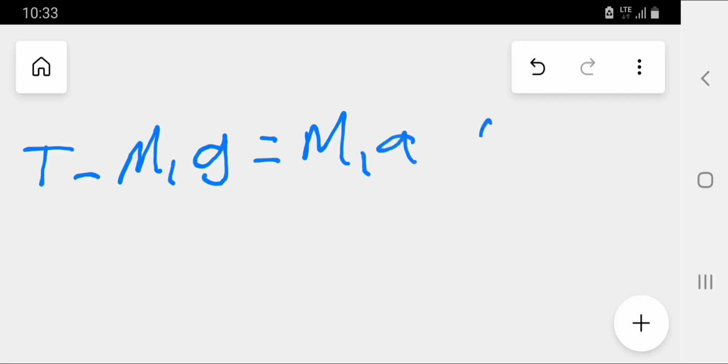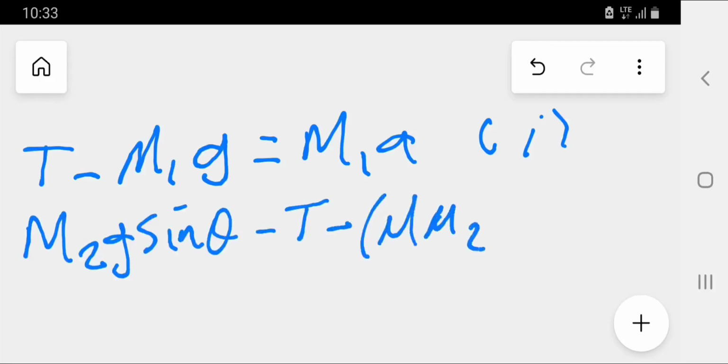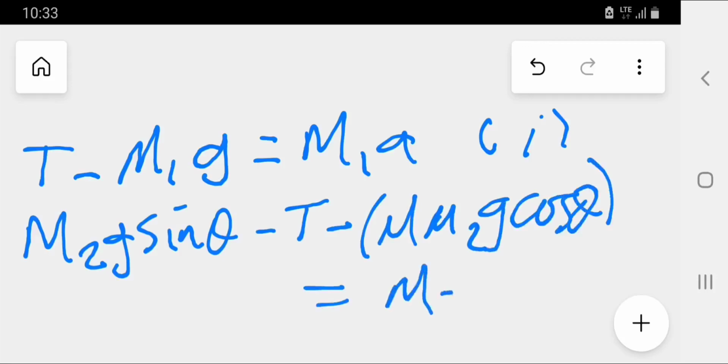For equation number 2, we have m2 g sine theta minus tension minus mu m2 g cos theta being equal to m2 times acceleration. We're going to solve them simultaneously, and by doing so, we can make tension the subject of the formula.